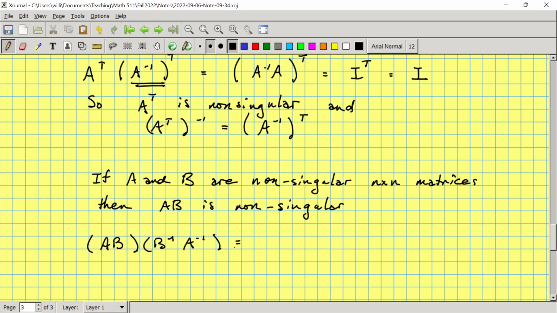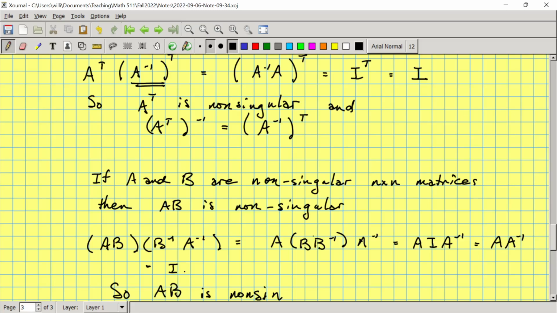Multiplication by a matrix isn't commutative, but is function composition associative? Yes, it is. So I can rewrite this as A times B times B inverse times A inverse. And what is B times B inverse? The identity. And what is A times the identity? A. And what is A times A inverse? I. So A times B is non-singular.